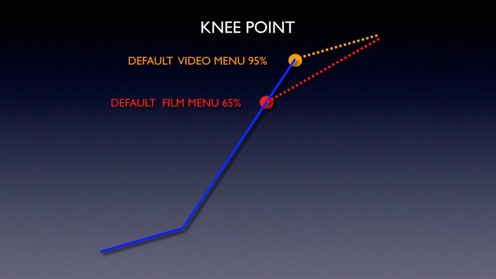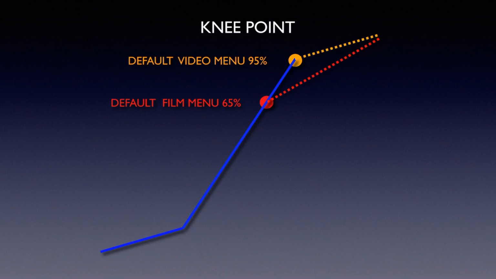So if you do bring the point down where you're going to roll off into the whites by changing that knee point, you need to only adjust it a small amount, and generally somewhere in the 10 to 15, 20% range is about as far as you would want to go. Otherwise you get down into skin tones.